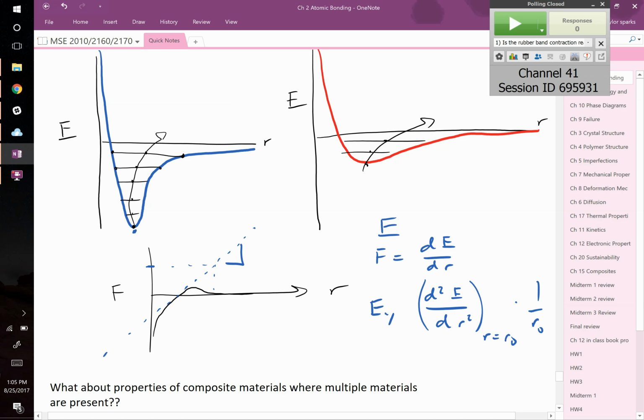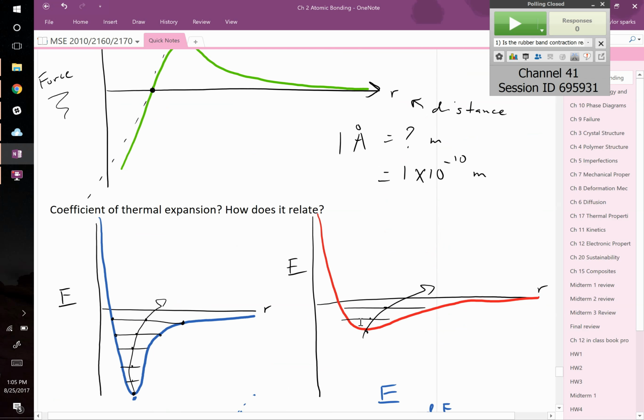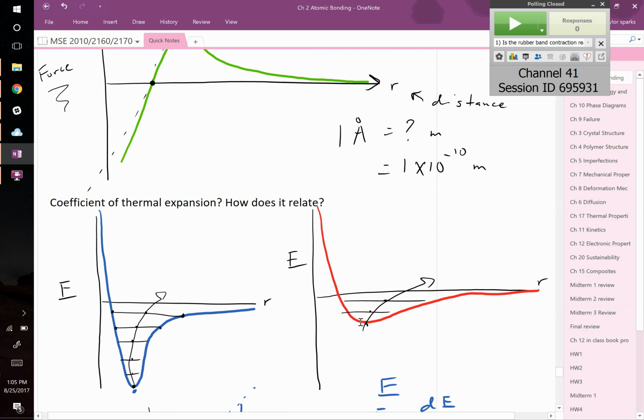Anybody remember from calculus when you take the derivative twice, what did that look like on your original function? Yeah, an inflection point or curvature, right? So if this is our original, let me lower it so I can reach it. If this was our original energy function right here, at this point, what's the curvature? Is it greater or less than this material right here?